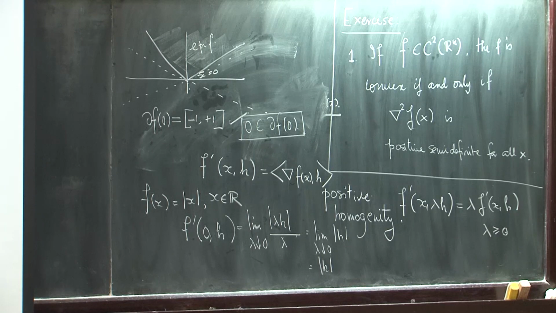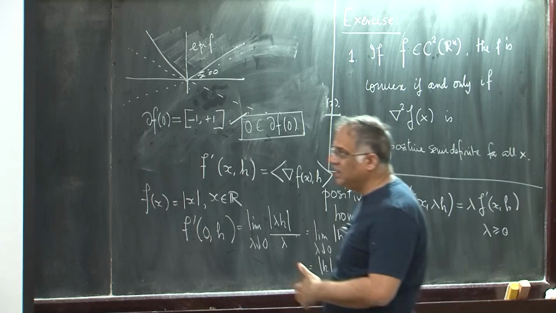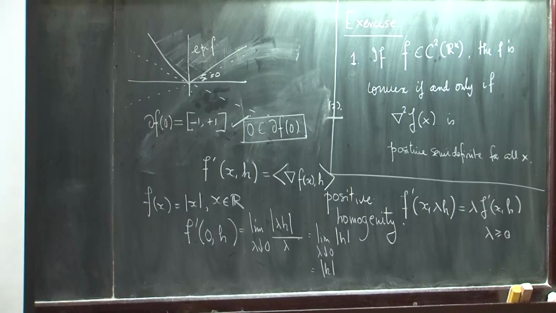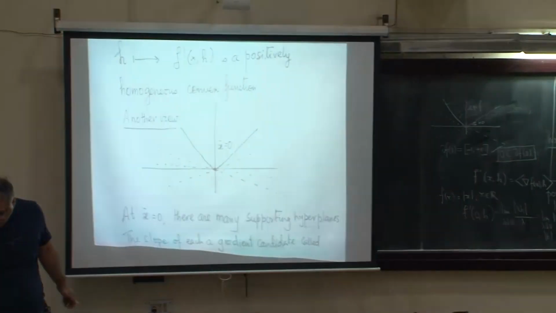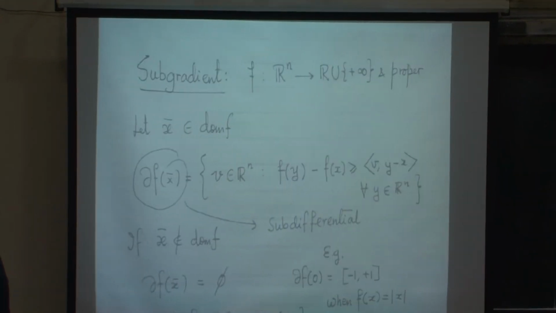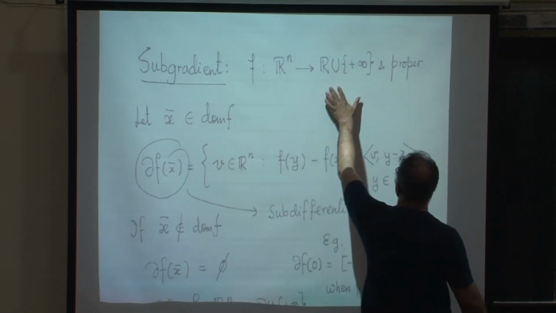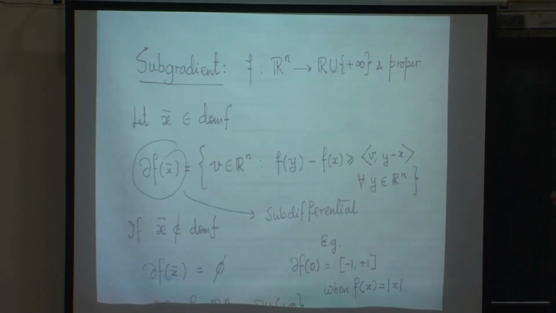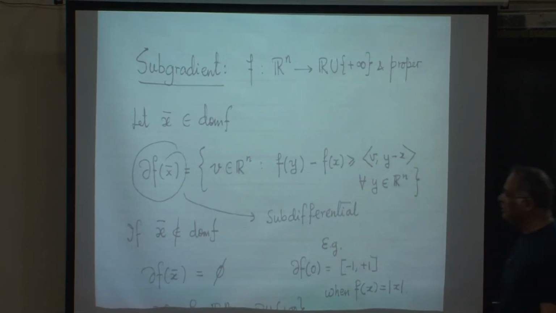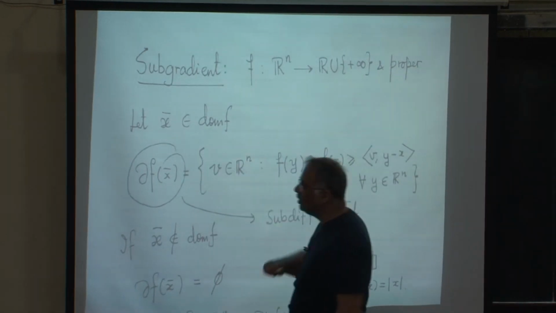So, let us give a very candid definition of a subgradient, of the subdifferential. Let us consider a proper convex function, and let us consider x bar an element of the domain of f.